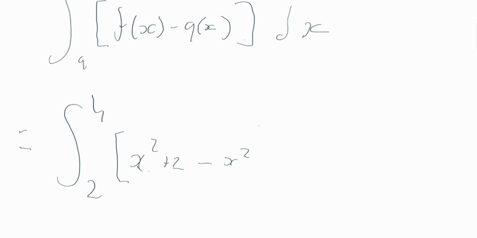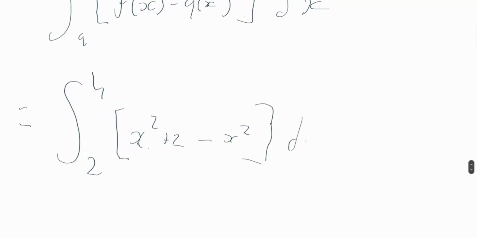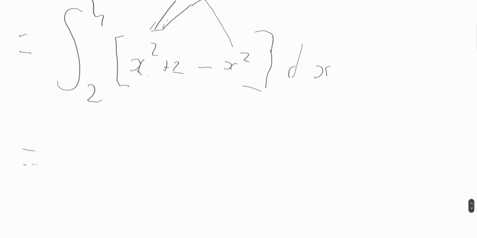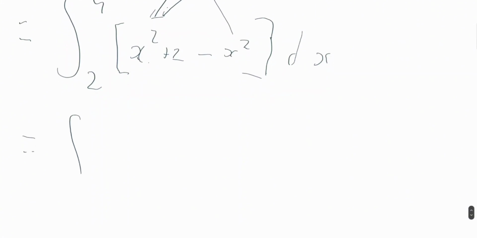Perfect. So here we can already simplify by minusing x squared. Okay, so that means that we can rewrite this equation simplified as the definite integral from 2 to 4 of 2, as we have minus x squared, dx.